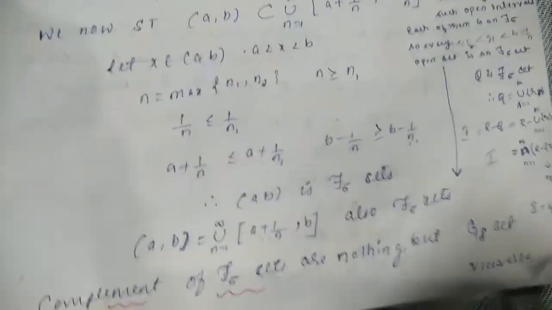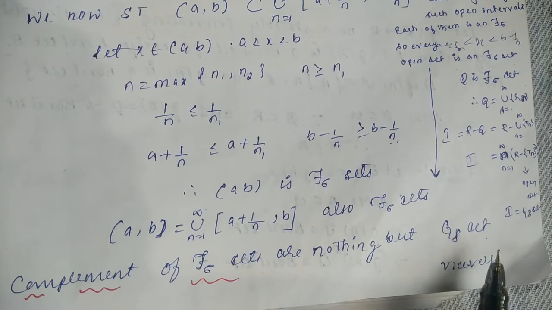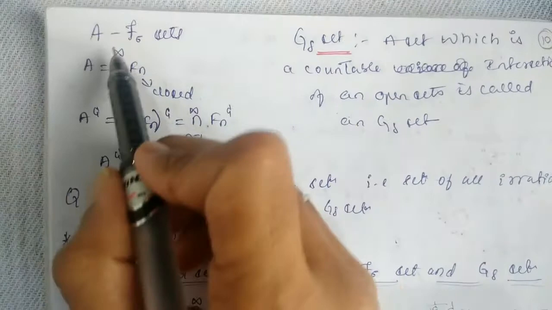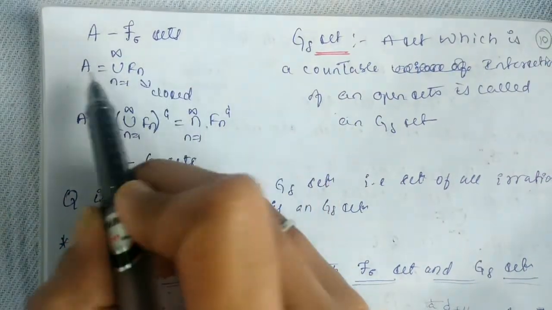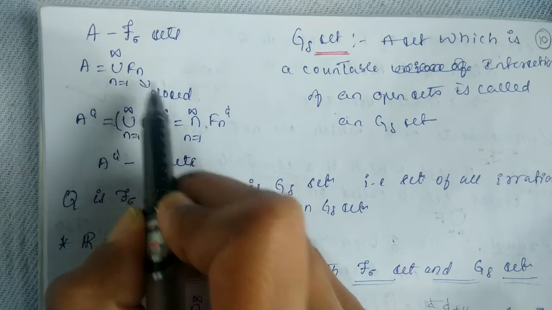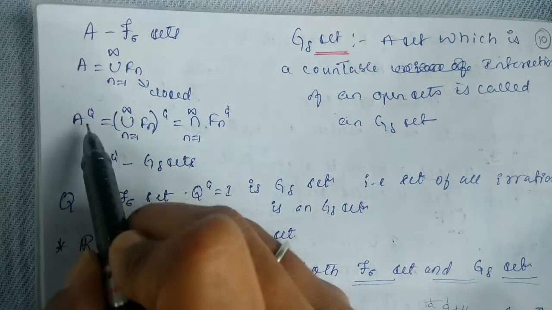Next, complements of F sigma sets are nothing but G delta sets. Now the definition of G delta. If A is an F sigma set, A can be written as a countable union of closed sets F_n. What is the complement of this?